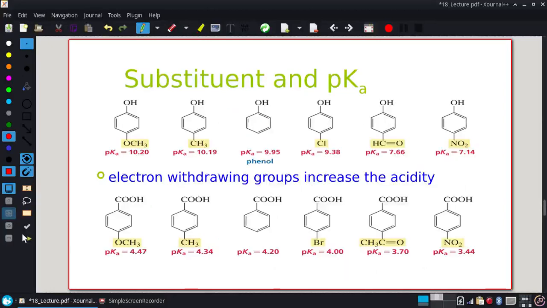All right, we do see that this type of concept affects the pKa's of our acidic functional groups. So phenol and carboxylic acid are both acidic. But off of that ring, if we put electron donating or electron withdrawing groups on there, we will affect the pKa.